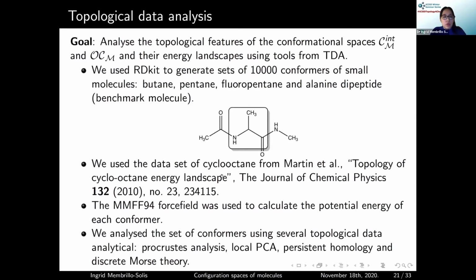To study both the energy landscapes and the conformational space, we used different data analytical tools like Procrustes analysis, local PCA, or local principal component analysis, persistent homology, and discrete Morse theory.